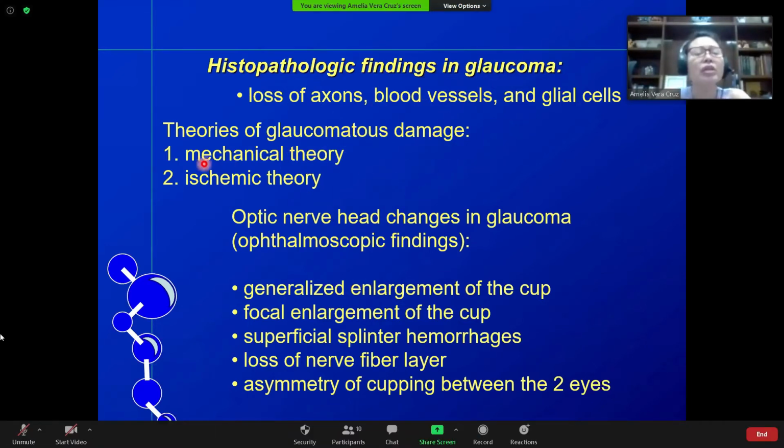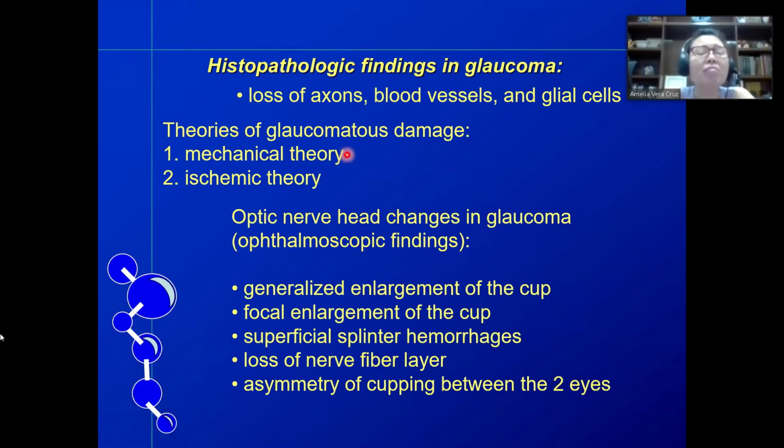Before, ito ang mechanical theory. They said, because of the increased IOP, the blood flow to the eye will decrease. The blood flow to the optic nerve will decrease. So, the damage now will ensue pag tumaas ang pressure.